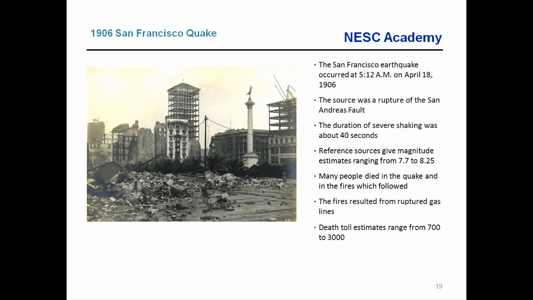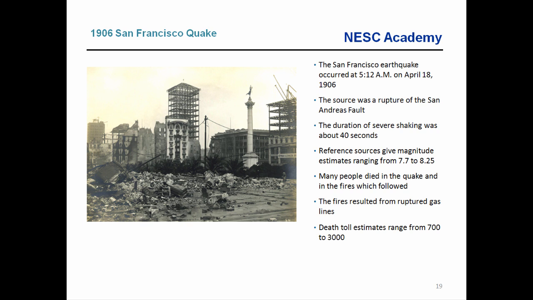And in the case of San Francisco, the gas lines ruptured, as well as the water lines ruptured, so there were gas fires and no water to fight the fires with. And as a result of that, many people died. Now the death toll estimates vary widely, ranging from 700 to 3,000.